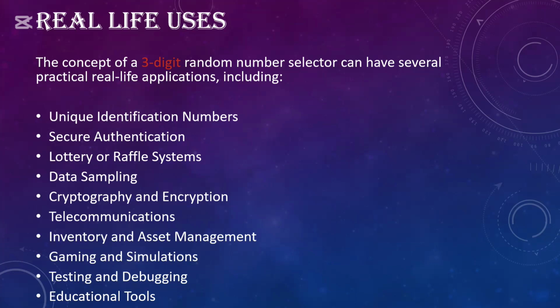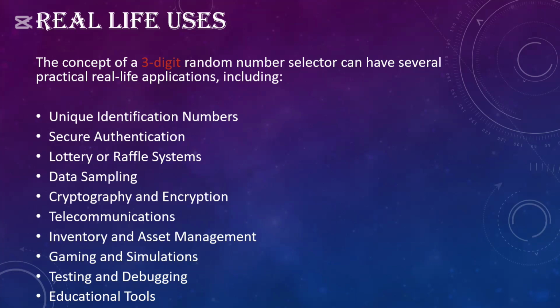Number 7, inventory and asset management. It creates unique tracking numbers for items in logistics or warehouse systems. Number 8, games and simulations. Generating random events, scenarios, or entries in video games or simulations.